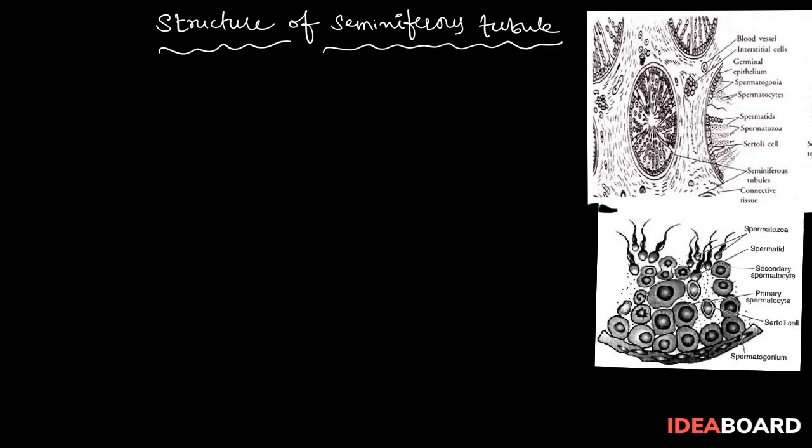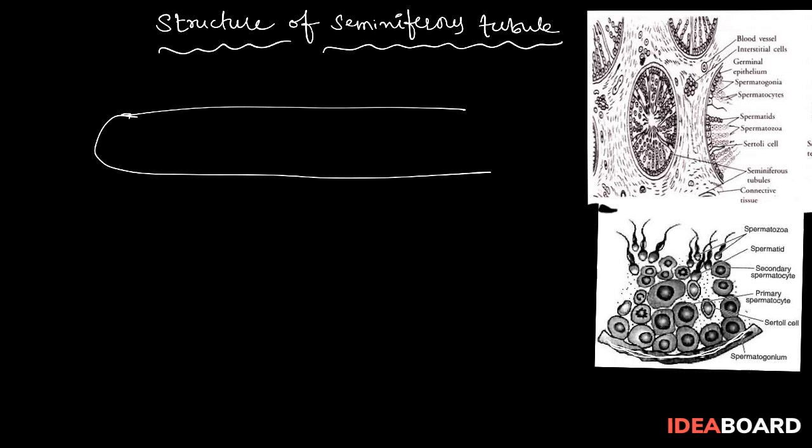In the seminiferous tubule, a single line of arranged germinal epithelial cells is present. The germinal epithelium in the seminiferous tubule is made of cube-shaped epithelium in a single layer, hence it is called simple cuboidal epithelium.